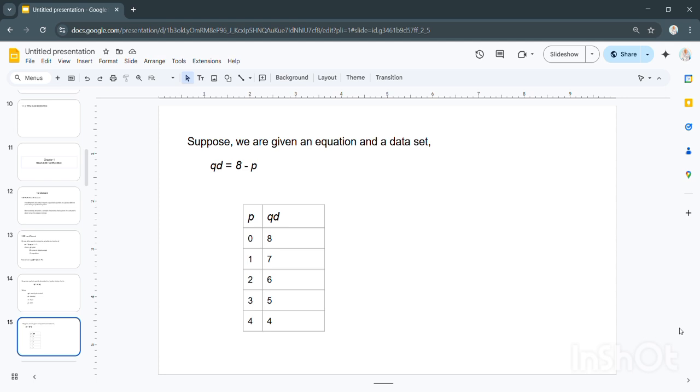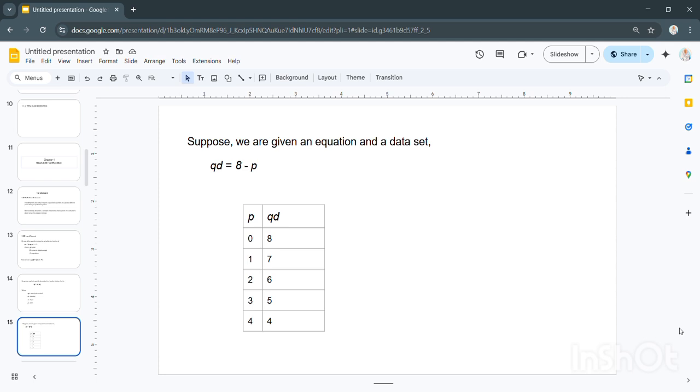When P is equal to 1, then QD will be 8 minus 1 is equal to 7. When P is equal to 2, then our QD will be 8 minus 2 is equal to 6. When P is equal to 3, QD will be 5, and when P is equal to 4, QD will be 4.